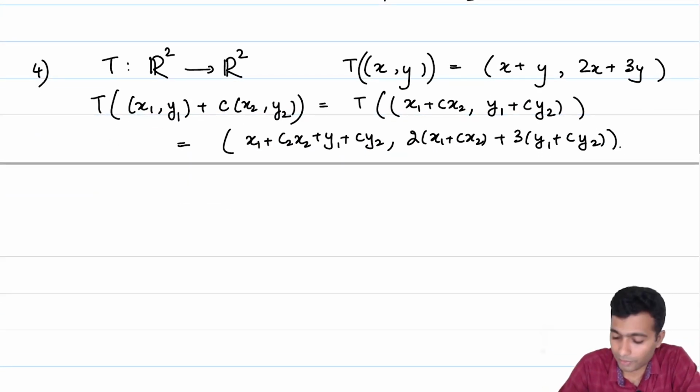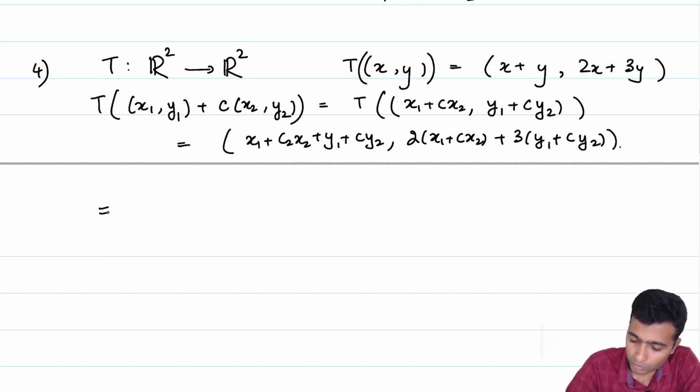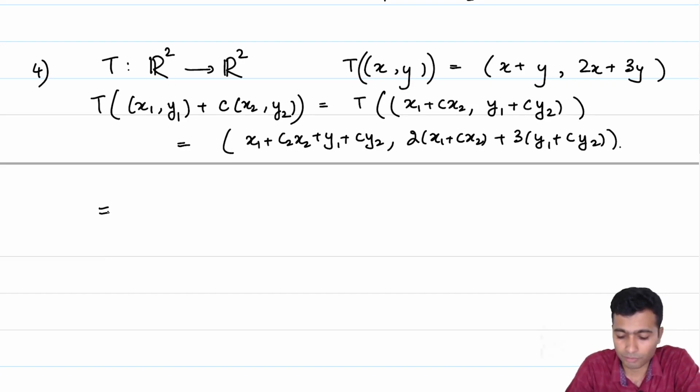Let's see what happens when we expand this out. So finally what do we want? We want this to be T of x1 y1 plus c times T of x2 y2. That is what we want.